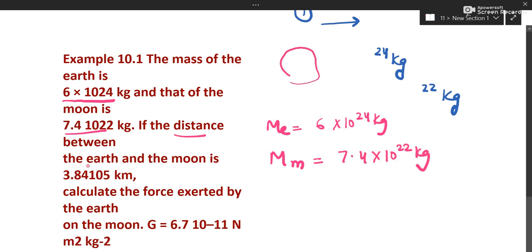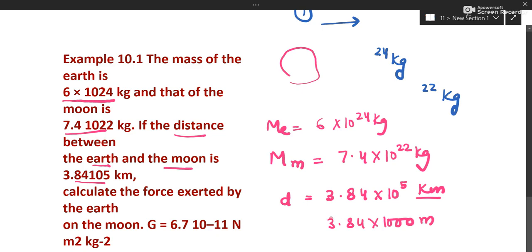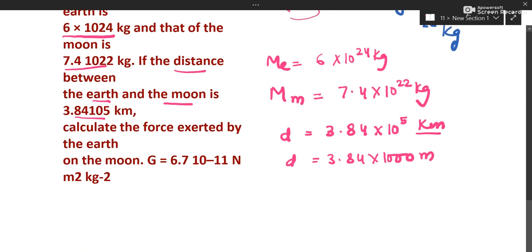If the distance between Earth and Moon is 3.84 into 10 to the power 5 kilometers, let us note down the distance also. Please convert it into meters: 3.84 into 10 to the power 8 meters. And capital G is given. We have to find out the force.